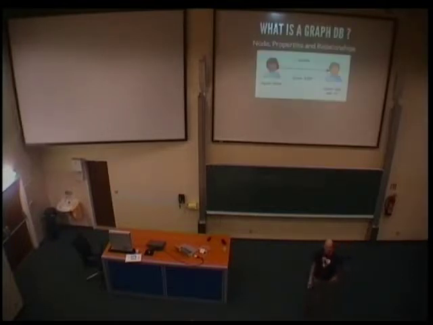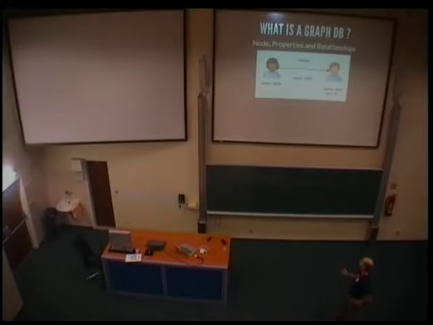Okay, so I'm going to give a short introduction to graph databases, and I'm going to show what the Neo4j graph database looks like. It's actually very simple to use a graph database because it just consists of three building blocks. And that is nodes. We've got two nodes here.